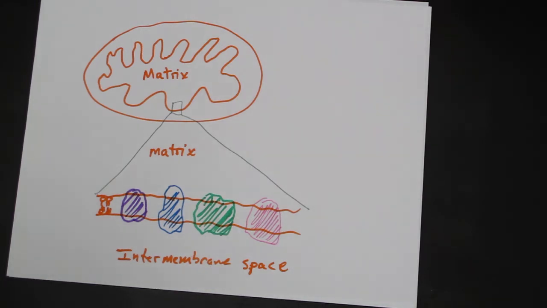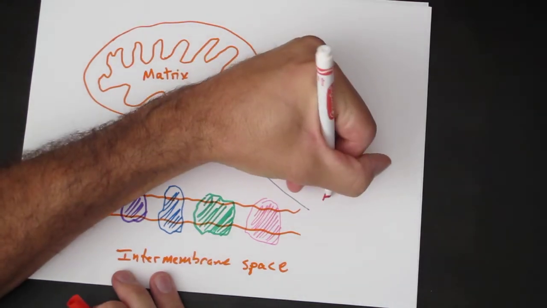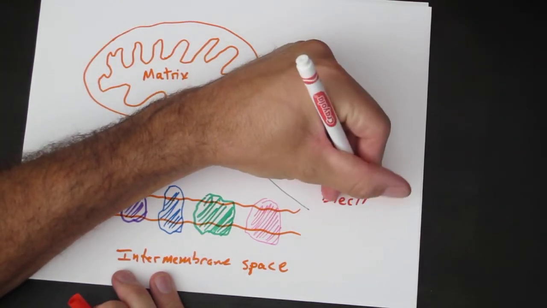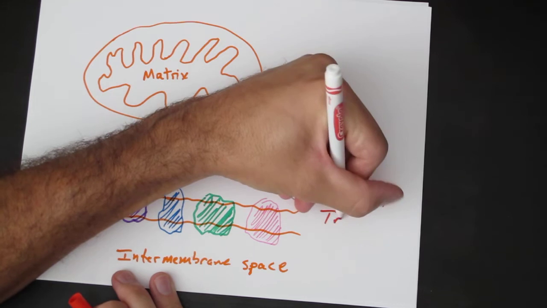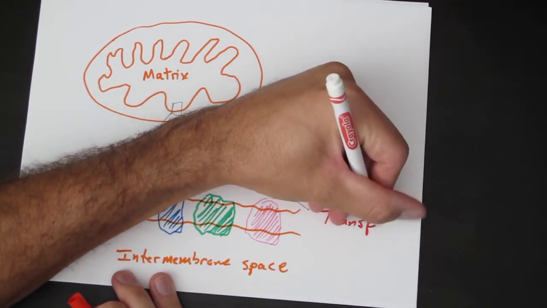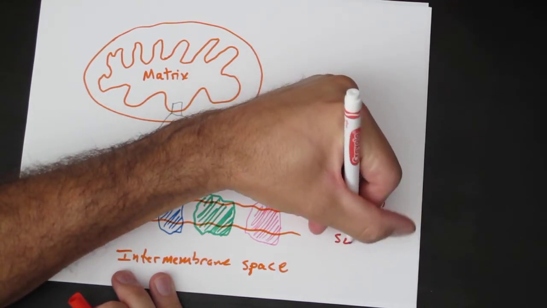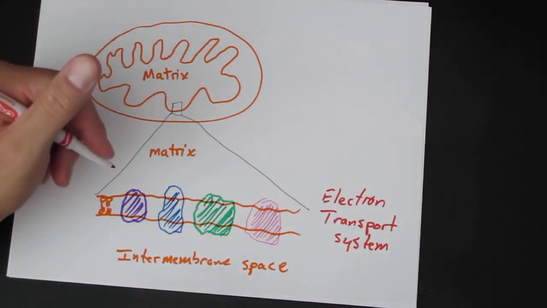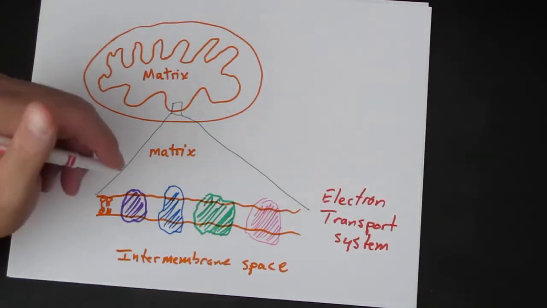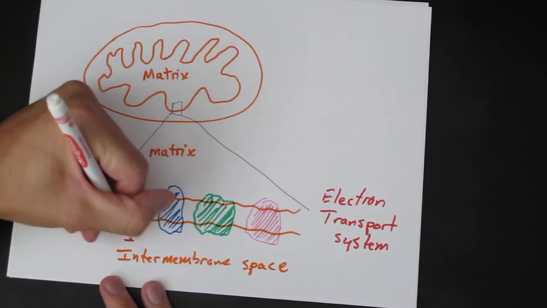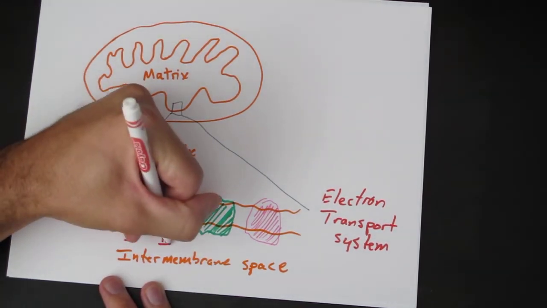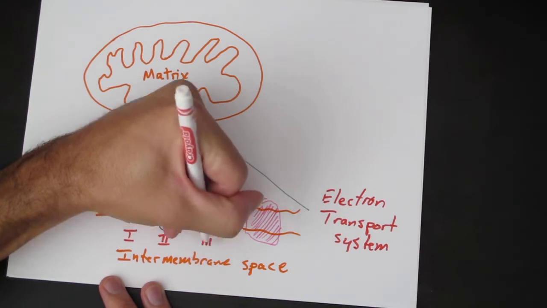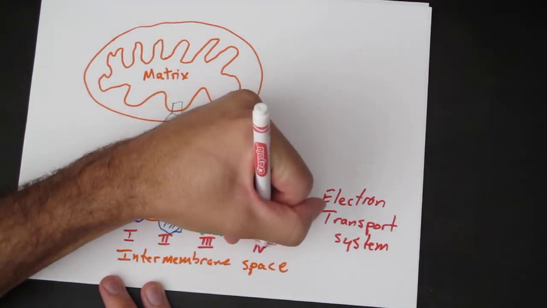They are part of the electron transport system. These enzymes all have names, but they also have generic names as well. They're often just simply called complex 1, complex 2, complex 3, and complex 4.